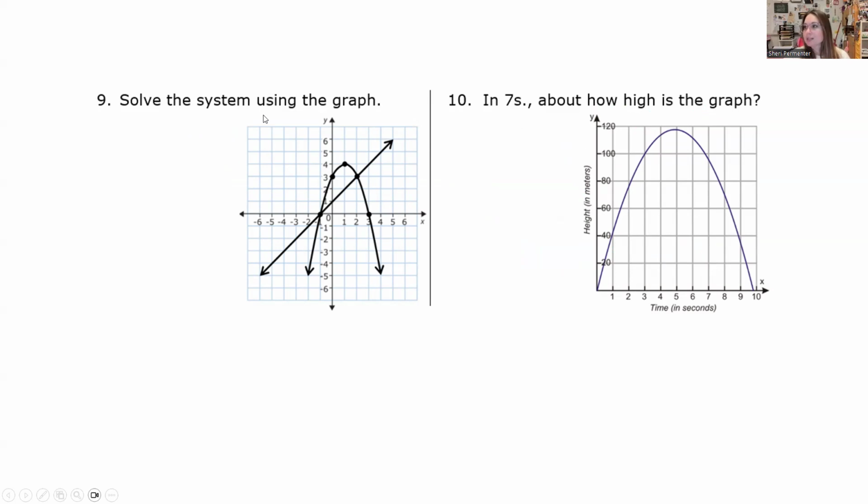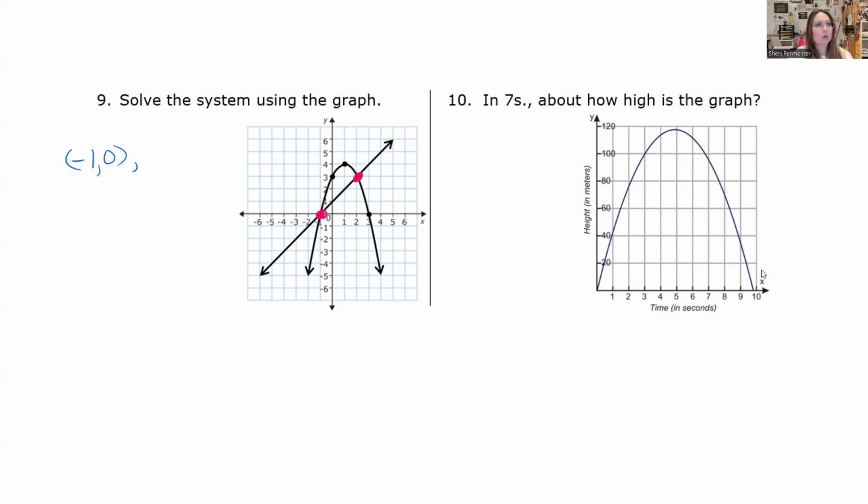The next question, solving the system. The solution to a system is the points of intersection. For this particular graph, I see that my graph intersects 2 times, there and there. That's where my 2 graphs intersect. So my solution is naming both of those points. What's the name of this point? -1, 0.